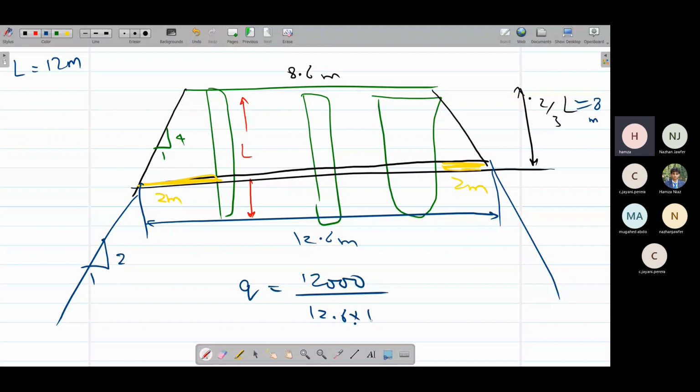We know the B value as this one, and you can calculate mu naught and mu one from those tables.